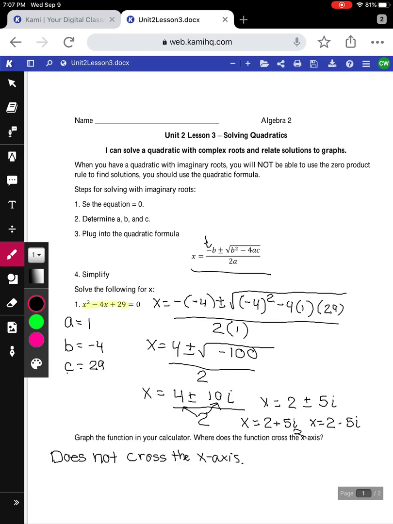This is because you have i's, or imaginary roots. Anytime you have i's, your function will not cross the x-axis. That's why the roots are imaginary. They don't actually produce a root or an x-intercept.